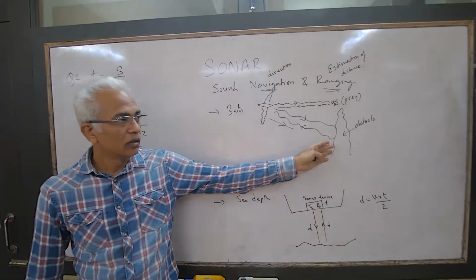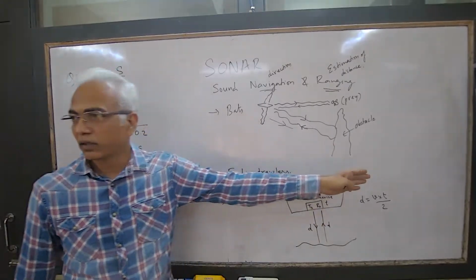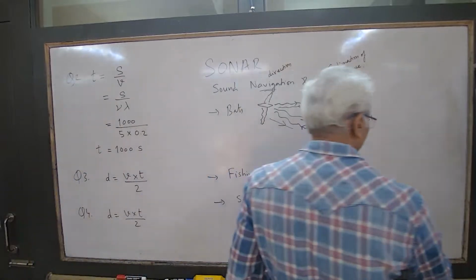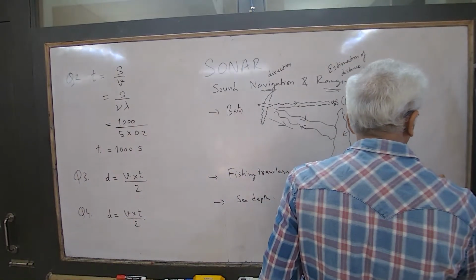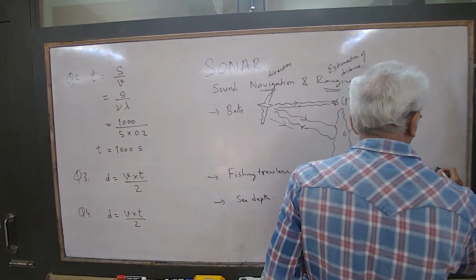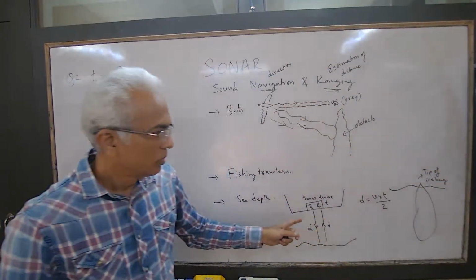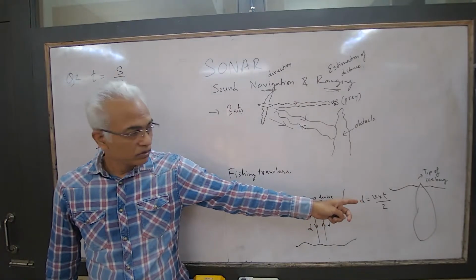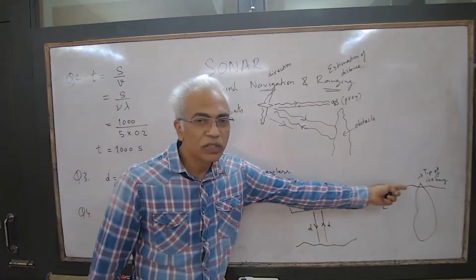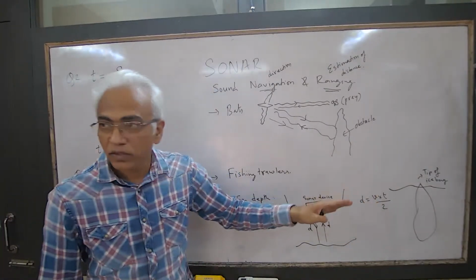And if the ship is sailing ahead and there is a tip of an iceberg, this is the tip of the iceberg. Whether it is safe to travel in this direction or not, the sonar device will receive the signals back, as it is sent in all directions.